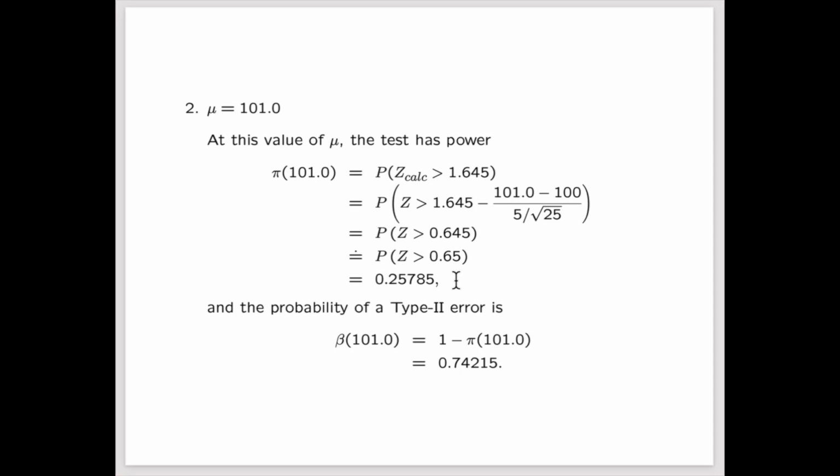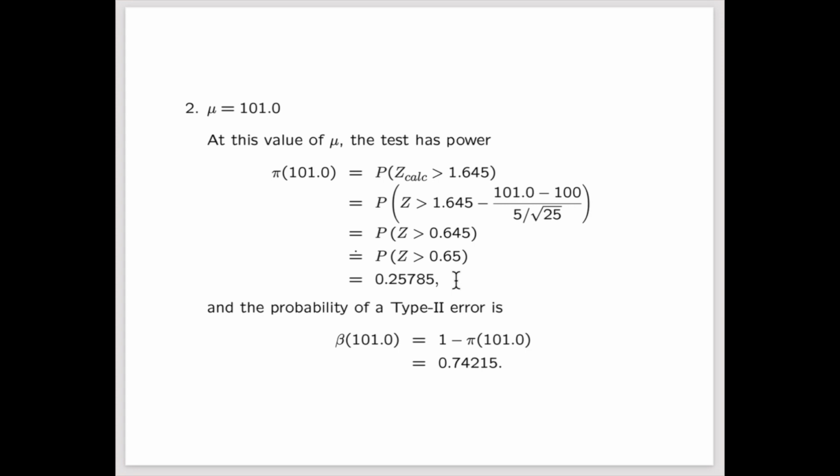There's only about a 25.8% chance that we would get a hold of a sample that would lead us to correctly conclude that the null hypothesis is false and that the alternative hypothesis is true.